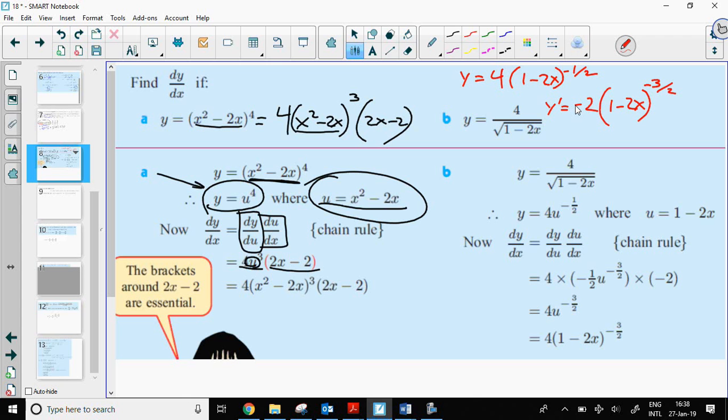And then I multiply by the derivative of the inside. The derivative of 1 is just 0. The derivative of negative 2x is negative 2. And you see that negative 2 and my negative 2 out in front. If I multiply them together, I'm going to get this 4 that they had leading off with. So we have the exact same answer.